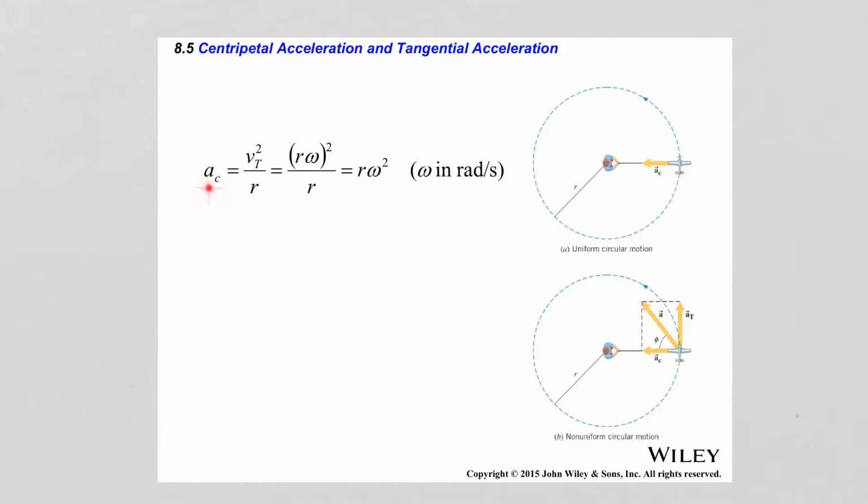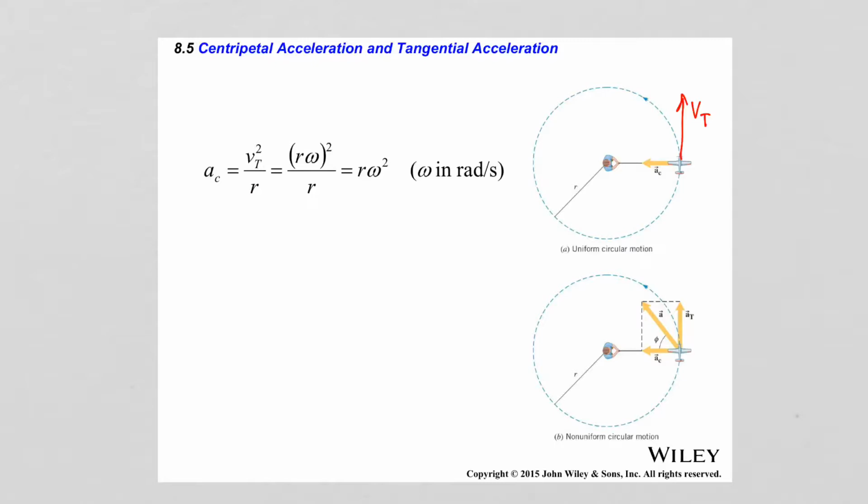And we know that the centripetal acceleration is calculated as the ratio of the tangential velocity to the second power divided by the radius of the trajectory.